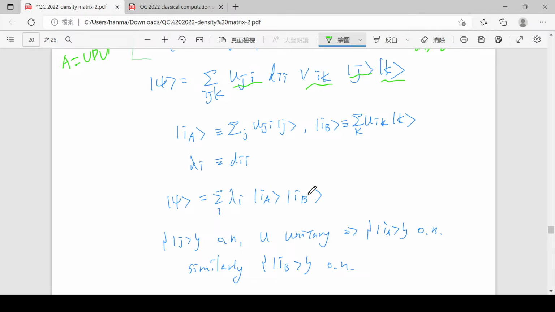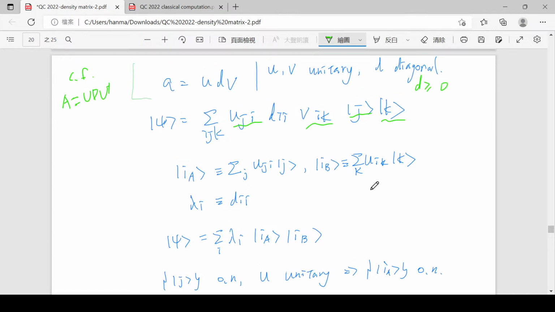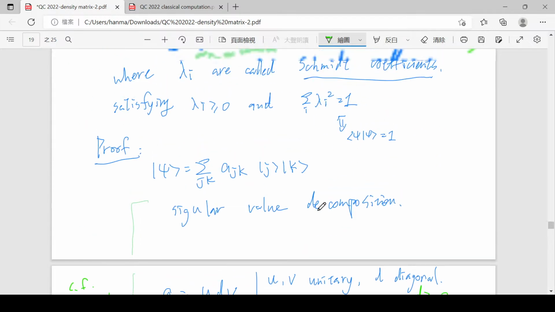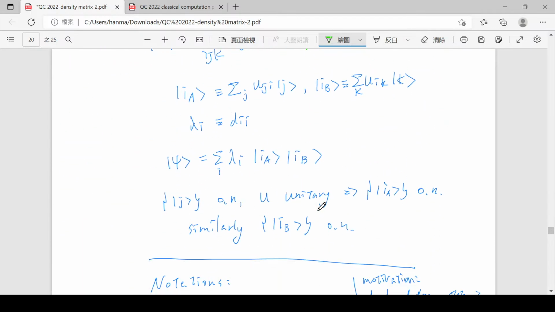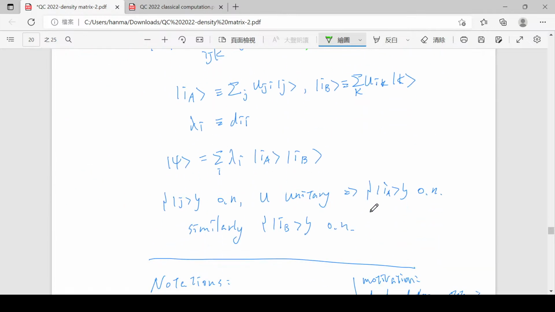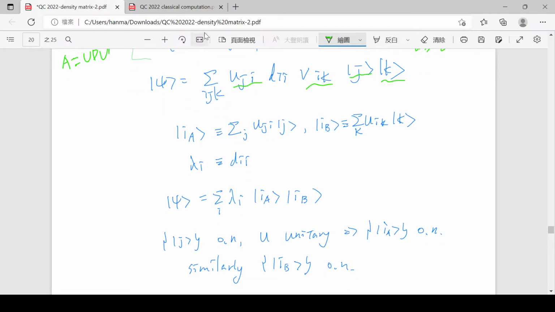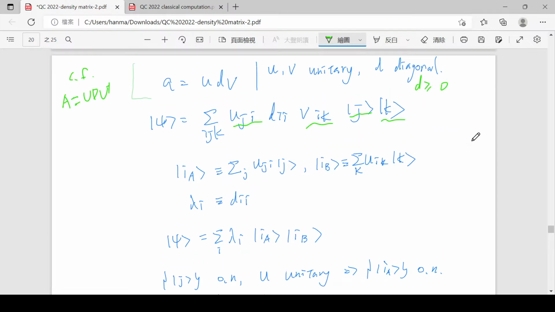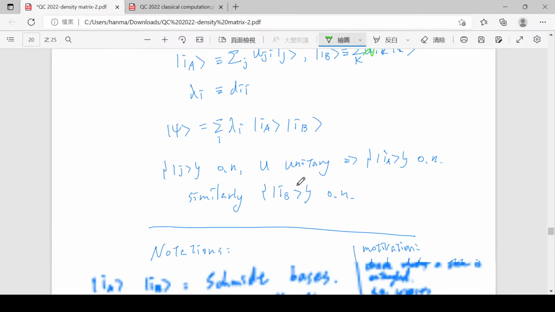The last thing we need to prove is that the set of all iA and the set of all iB are sets of orthonormal states. That really comes from U. Oh, sorry, this should be V. This really comes from U and V being unitary matrices.